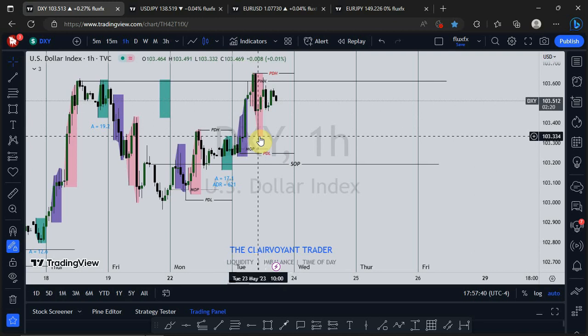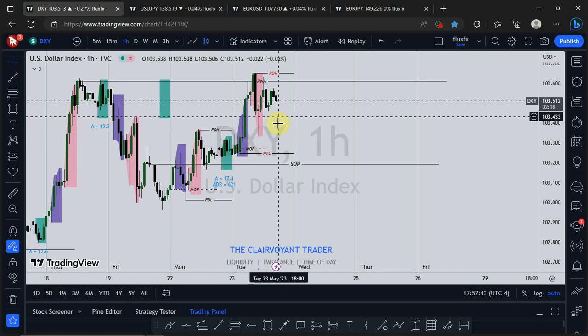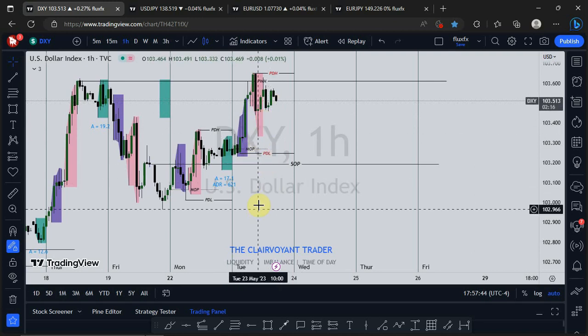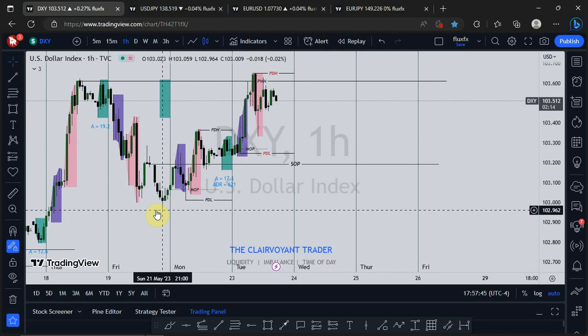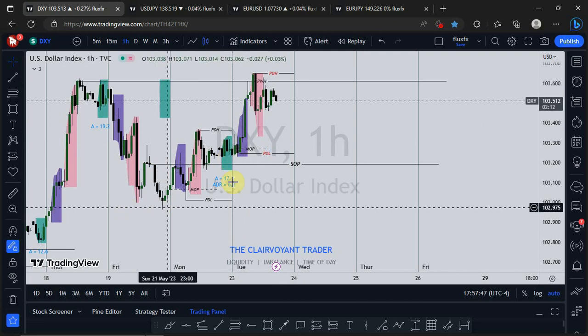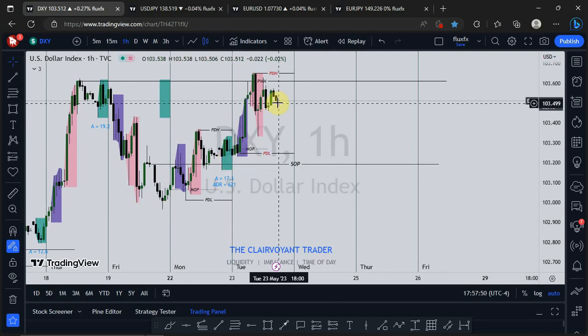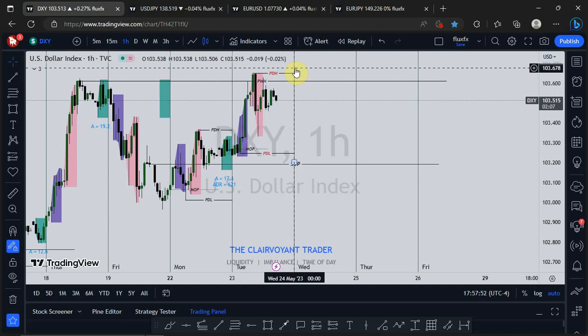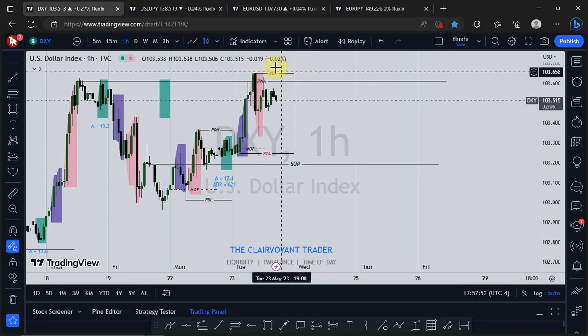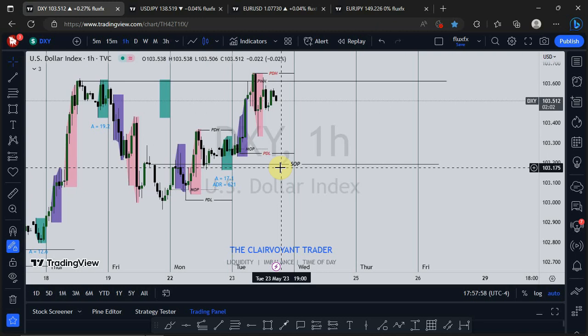If price takes out this low, then definitely you will start seeing the dollar index push to the downside, take out all these sell side liquidity. But at the moment, I'm not expecting it to do that. I'm expecting price to move to the upside, take out previous day's high, then you see a continuation to the upside. So currently, that is my expectation on the dollar index.